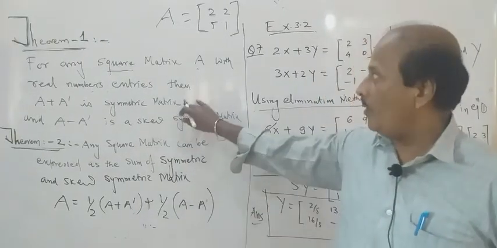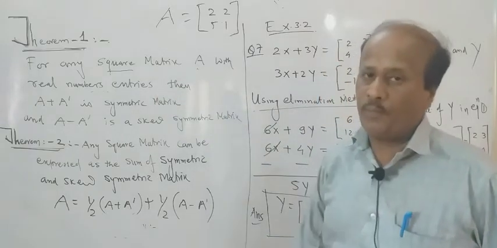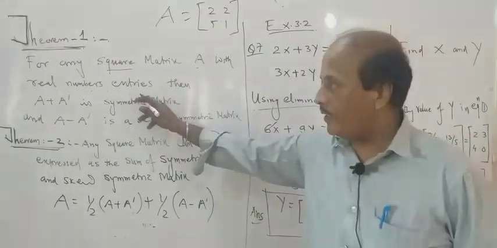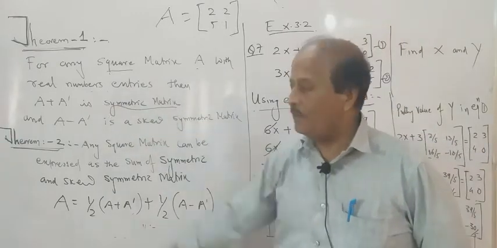Earlier I told you the properties of a symmetric matrix, but now there is no need to remember those properties. Directly you add any matrix with its transpose, and the answer will automatically be a symmetric matrix.